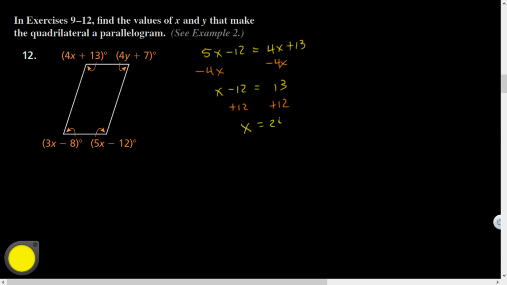So 5x minus 4x, x minus 12, and I get x equals 25. Now, I've still got to figure out the y, because they did also ask for y. So what could I say about this expression? What could I do with 4y plus 7?